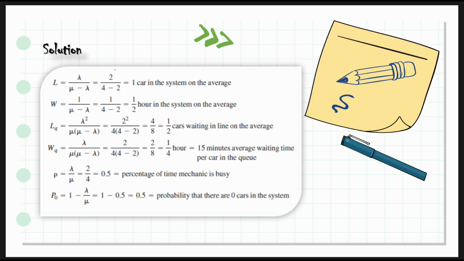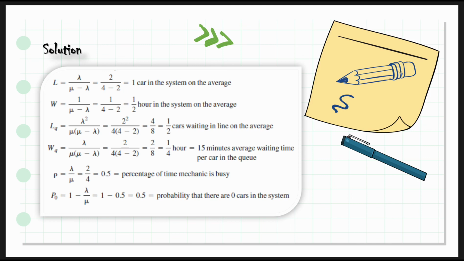Next, LQ is equal to 2 to the power of 2 divided by 4 times 4 minus 2 and magka-come up naman tayo sa 1/2 cars waiting in the line on the average. Fourth, WQ is equal to 2 divided by 4 times 4 minus 2 is equal to 2/8 or 1/4 in simplified form. And in minutes na units, magka-come up tayo sa 15 minutes average waiting time per car in the queue.